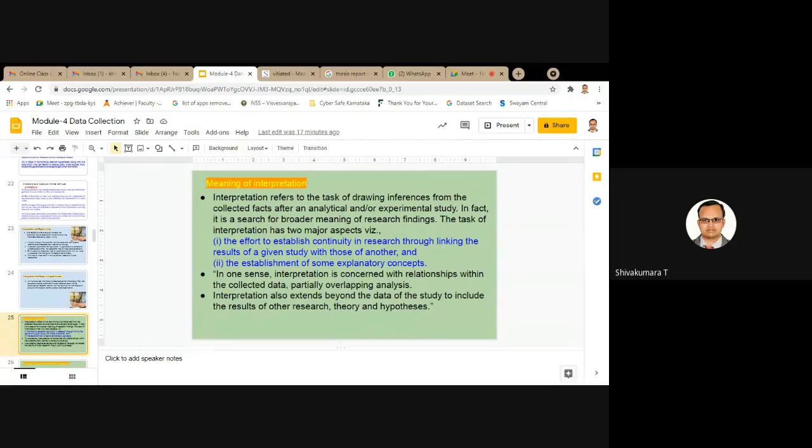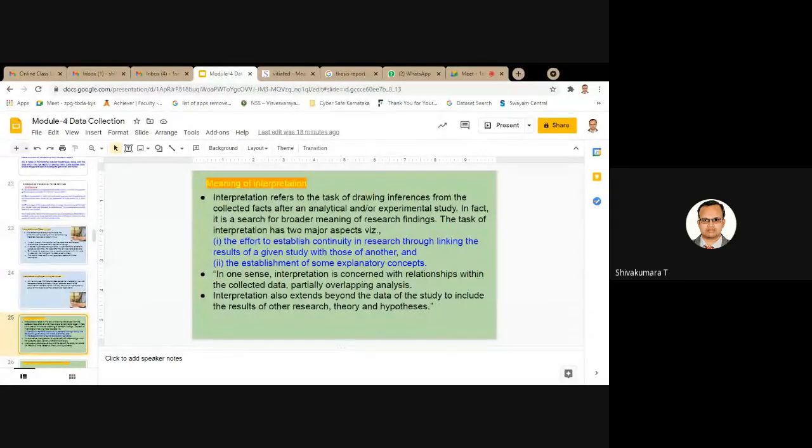The task of interpretation has two major aspects. The one is the effort to establish continuity in research through linking the results of a given study with those of another. It means that in the interpretation process, a comparative study happens. For example, take the example of traffic analysis.